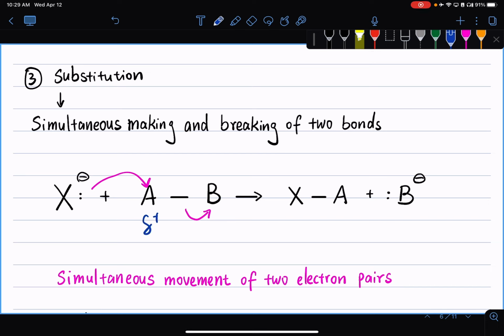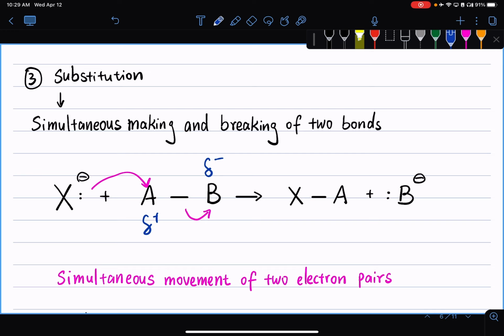We'll have a partial positive charge on my atom A and a partial negative charge on my atom B. So that's the generalized picture of a substitution reaction.